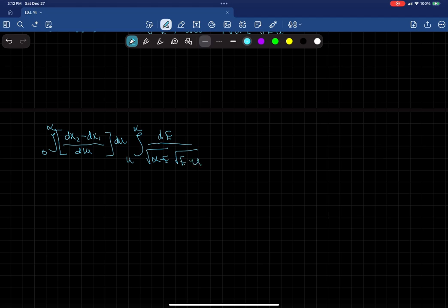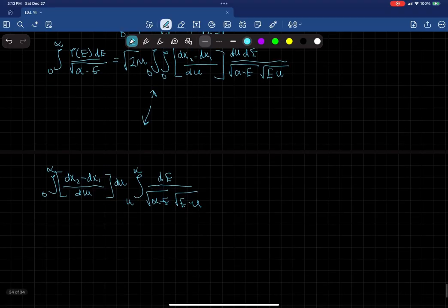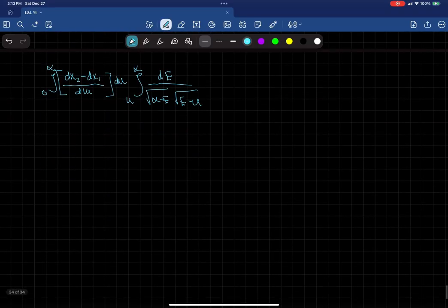Now, once I've separated these two integrals, the integral on the right is elementary. If I solve this integral on its own, it would be the integral from u to alpha of dE over the square root of alpha minus E times the square root of E minus u.